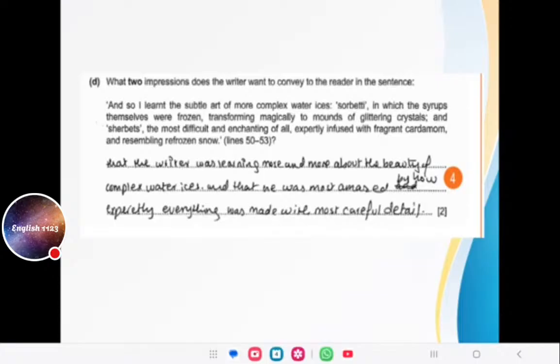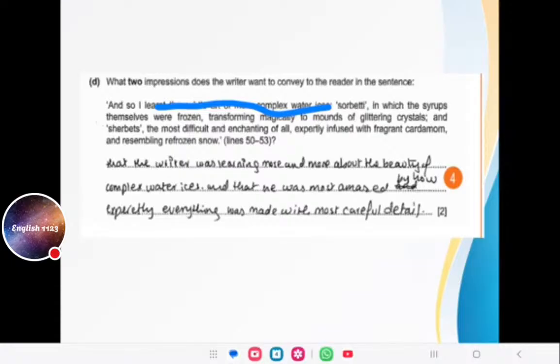"So I learned the subtle art of..." One impression he's trying to give us is that he learned the subtle art of more complex water ices. He has learned some kind of skill where he can make more complex or different kinds of ices. One thing is sorbetry.